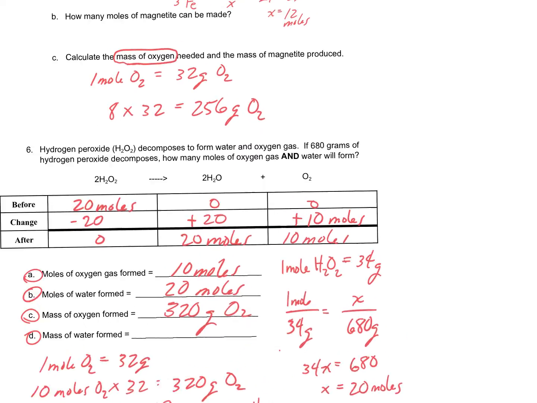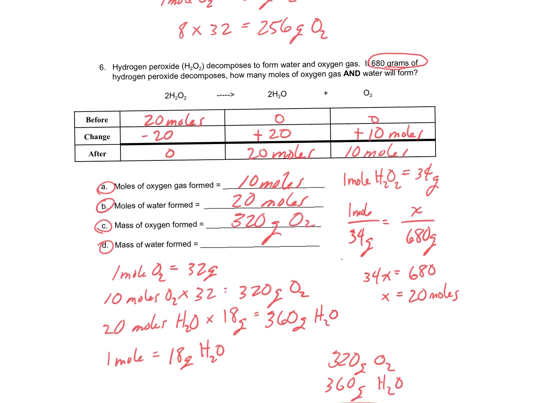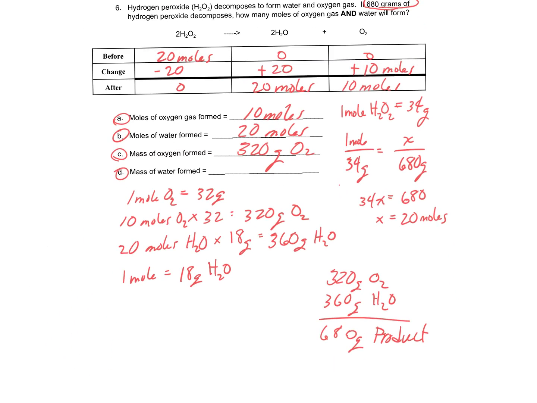Well, that makes perfect sense because we started with 680 grams of hydrogen peroxide. Remember the law of conservation of mass. We have not created or destroyed anything. We started with 680 grams of hydrogen peroxide, and we made 680 grams of product, and that was the oxygen plus the water. So I think that's worthwhile showing you.